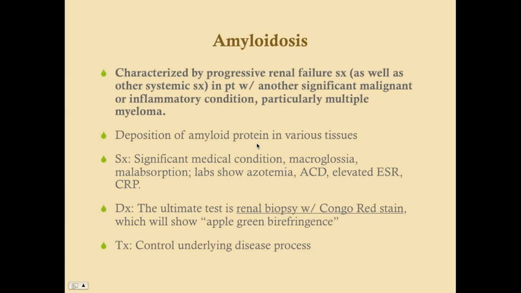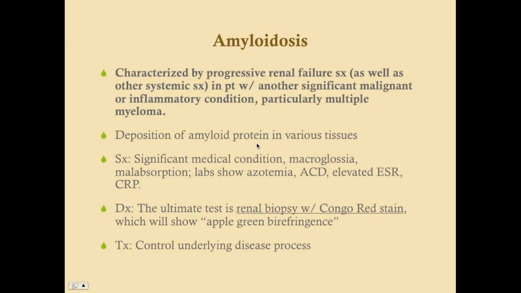And then unfortunately they come in and they've got something else now. They've got renal problems. And so what you have here is because of the inflammation or because of the malignant cells, they're creating amyloid protein, and that amyloid protein deposits in various tissues, and that's what's actually causing the different symptoms.